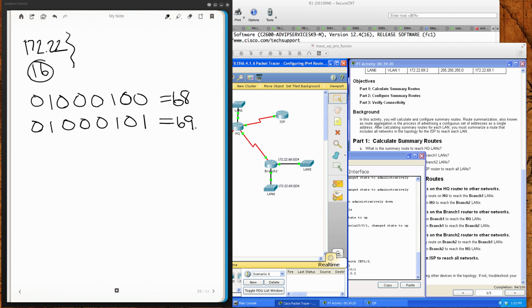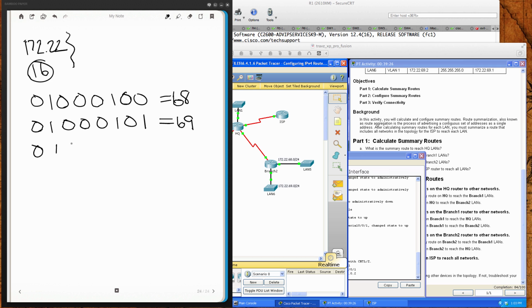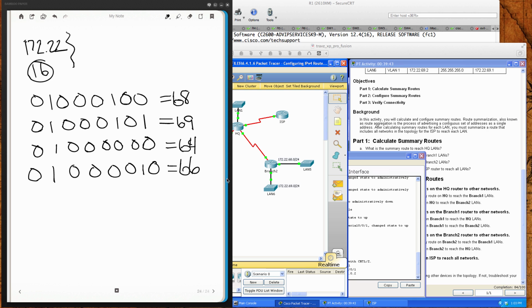We're going to take a look at 69, which will be 0, 1, 0, 0, 0, 1, 0, 1, and that's LAN, or branch 2. Then we're going to do 64 and 66. 64 would be 0, 1, 0, 0, 0, 0, 0, 0, and that'll be 64. 66 would be very similar, 0, 1, 0, 0, 0, 0, 1, 0, and that would be 66.